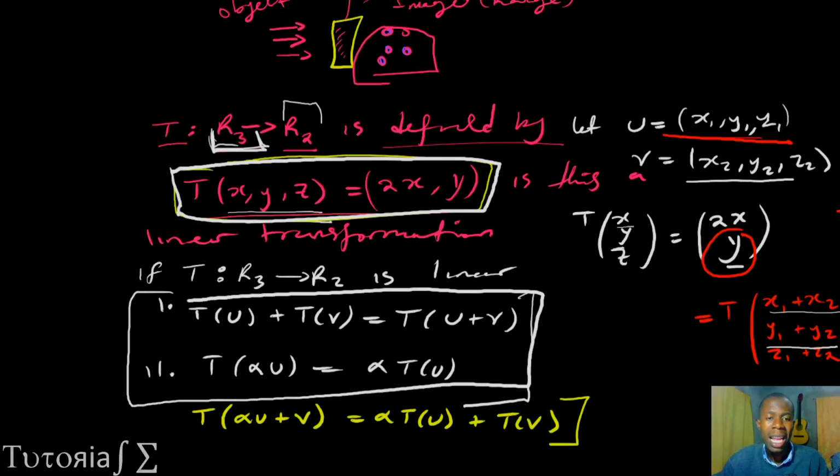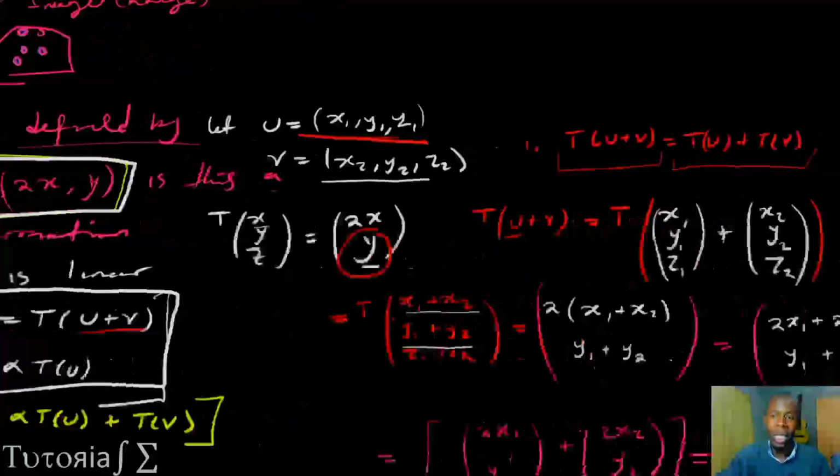When you get any of the vectors in the object, which is in R3 in this case, and you transform them individually, this should be the same as adding the two vectors from the object, which is in R3, and then transforming them. Okay, which is what we did here.